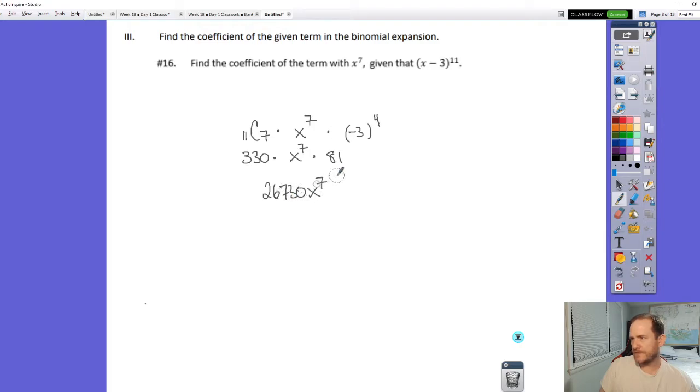X to the 7th. That's the whole term. Again, I only want the coefficient. So 26,730 is the coefficient. And again, it's positive because we had a negative to an even power. If this was odd, then yes, this would have to be negative. When you give the coefficient, you include the negative if it's negative.